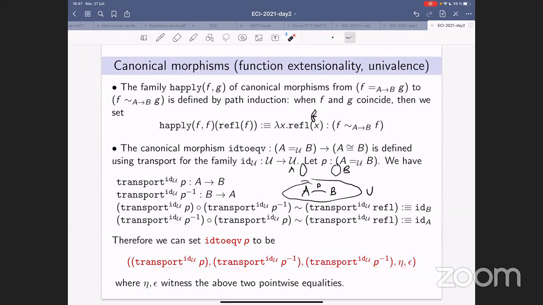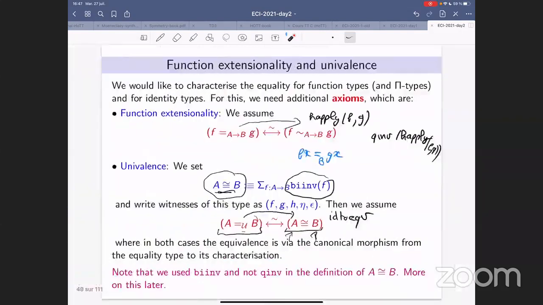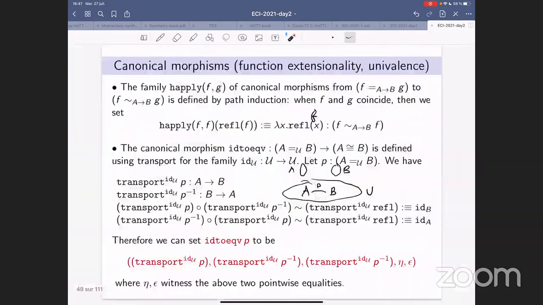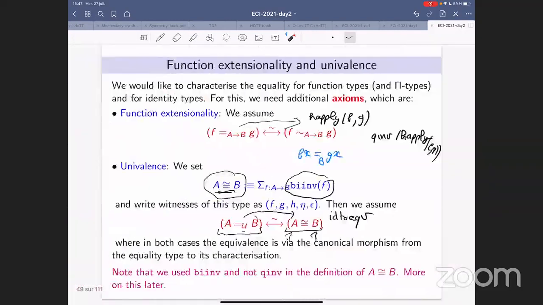Okay, so now I should give you names. Did I give the names? I didn't write the names. So the inverse, the quasi-inverse, which is assumed here, is called UA.